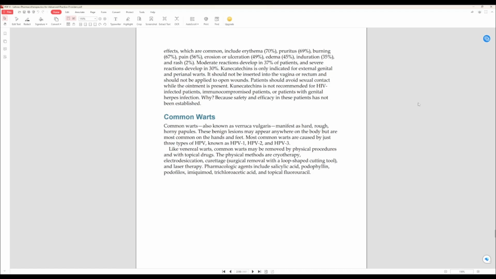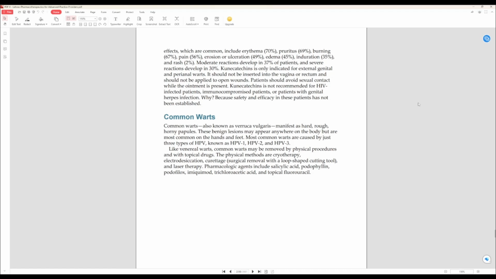So what about your common warts? Well, common warts, also known as verruca vulgaris, manifest as a hard, rough, horny papule. These benign lesions may appear anywhere on the body, but are most common on the hands and feet. Most common warts are caused by just three types of HPV: 1, 2, or 3.